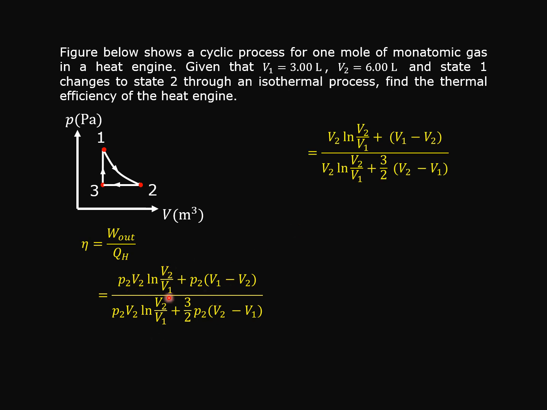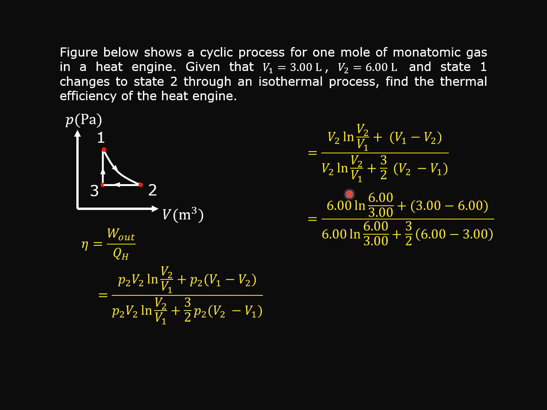After cancelling out the P2, we have simpler expressions in terms of V1 and V2 only, without any pressure for the three states in the graph. Take note that the first term in the numerator and the first term in the denominator are the same.